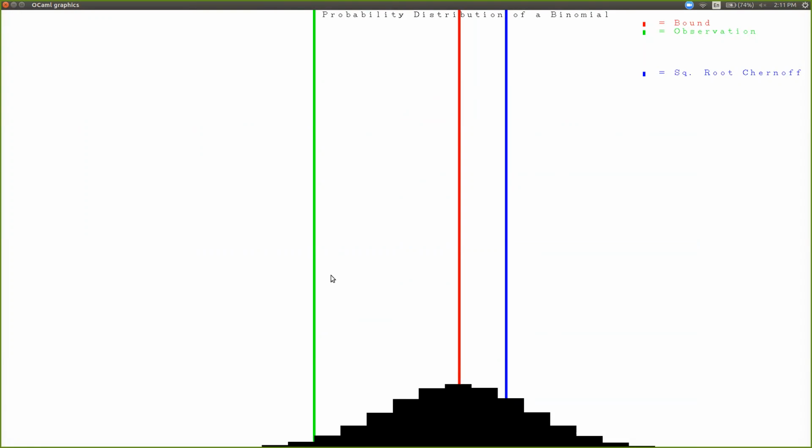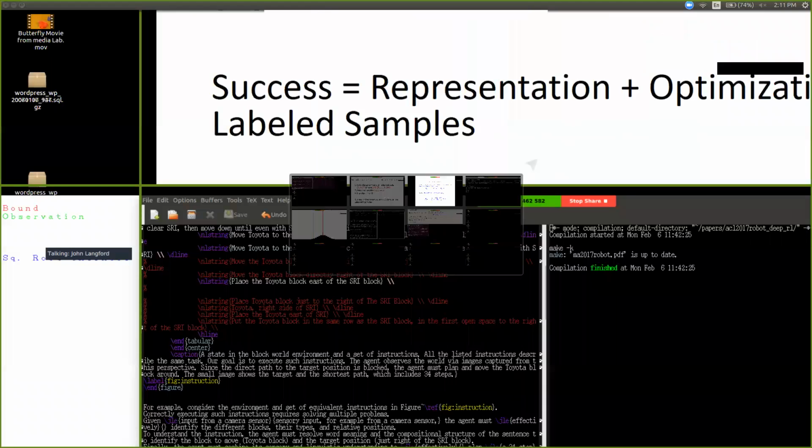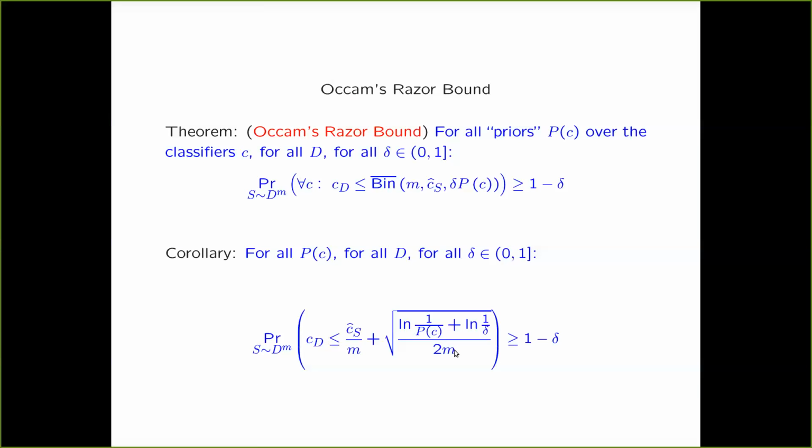Yeah, so there's some inherent looseness here because delta is not 1. But neglecting that issue, you would like your empirical error to be as close as possible to your true error. And as you get more and more samples, we can go back to the bound, you can see that this quantity gets smaller and smaller as the number of samples increases.